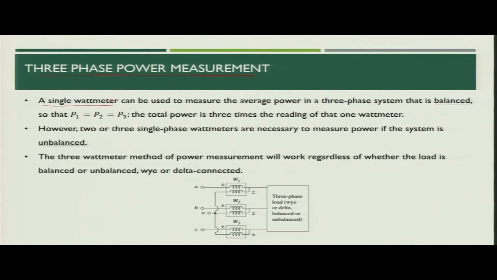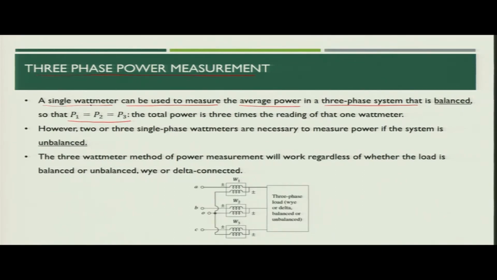If we use the wattmeter in case of a balanced system, a single wattmeter can be used to measure the average power in a 3 phase system, because when the system is completely balanced, the power in each phase will be equal.